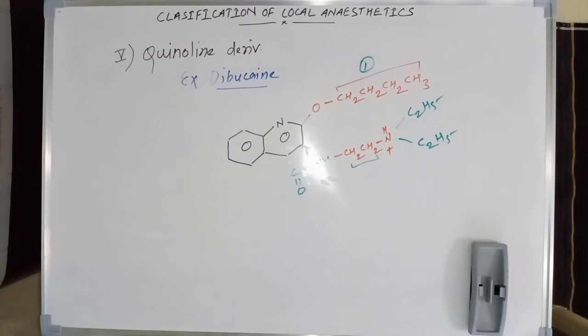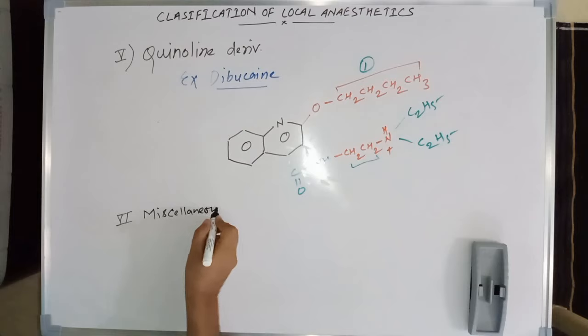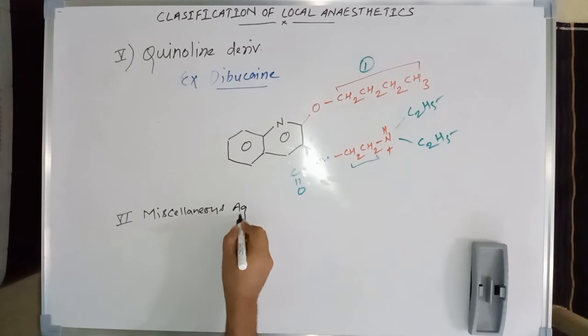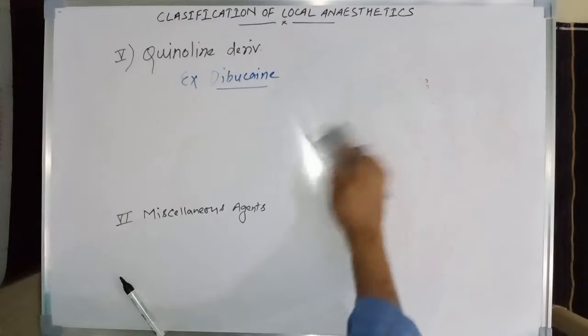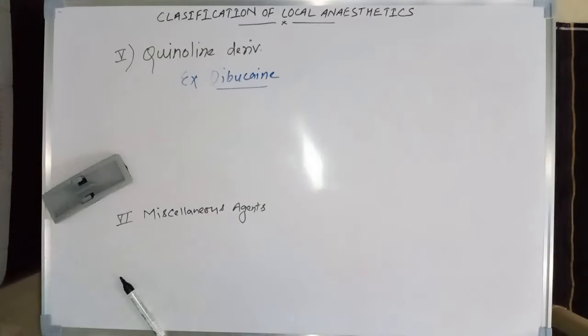Now the next and last class of these drugs is the miscellaneous agent, class number 6. What are the examples of drugs which come under this class?